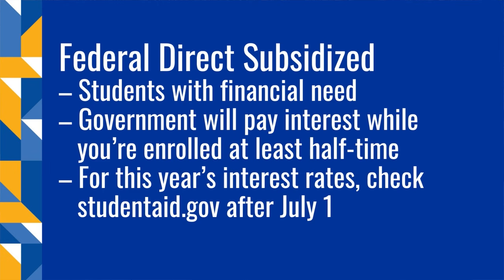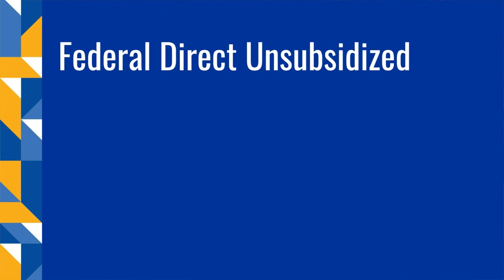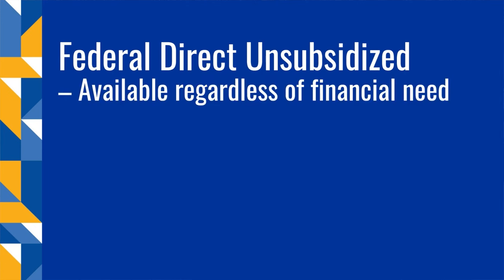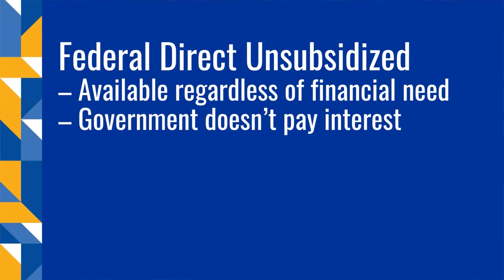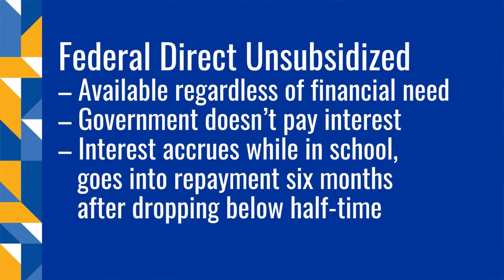The interest rate changes every July. The unsubsidized loan is available to all students regardless of income. The government does not pay the interest on this loan. The interest on federal direct unsubsidized loans will accrue while you're in school, but you don't go into repayment for 6 months after you graduate or drop below half-time enrollment.